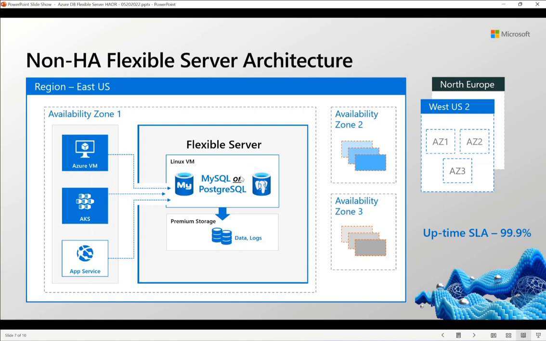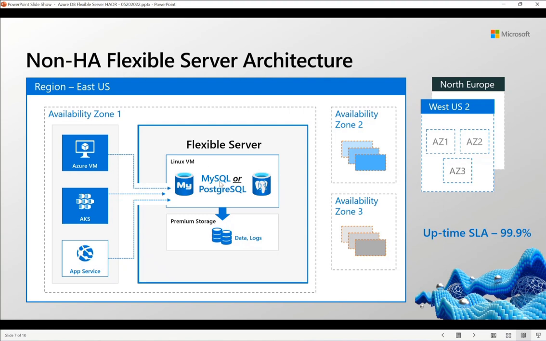So this is the architecture of flexible server without any HA configuration. So we have in the middle compute where your flexible server database instance is deployed. And behind the scenes, we use the Linux operating system. It's a PaaS service, so you don't have to worry about the operating system as a customer, but just for transparency, we use the Linux Ubuntu operating system.